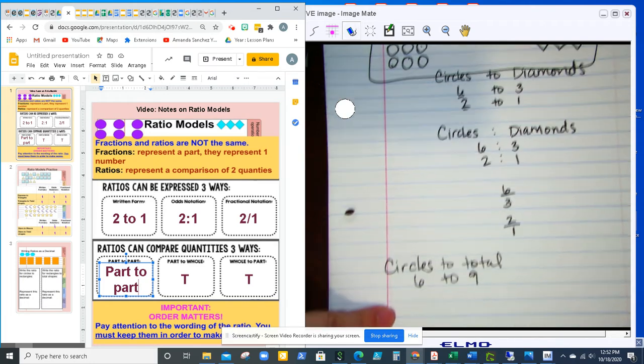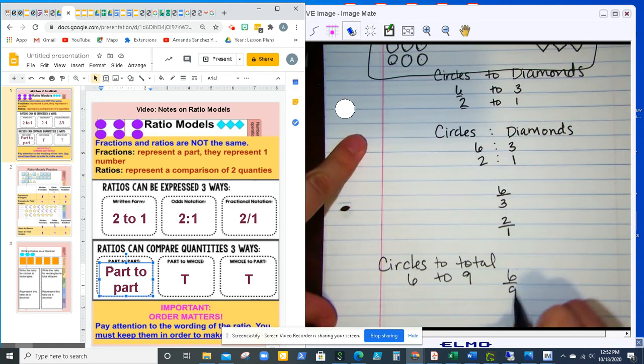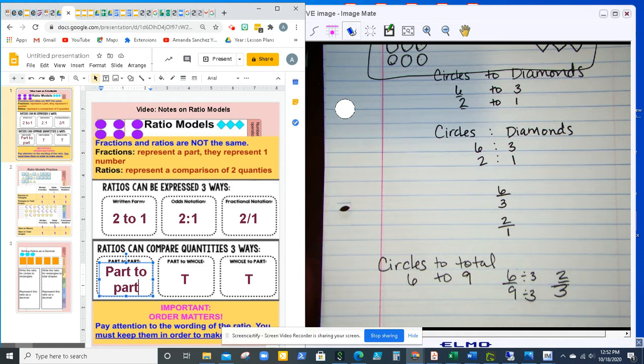And then you can simplify it. So 6 to 9, if you write it as a fraction, you can divide by 3. 3 can go into 6 2 times, 3 can go into 9 3 times. So in your part to whole, you can either have 6 to 9 or you can have 2 to 3.